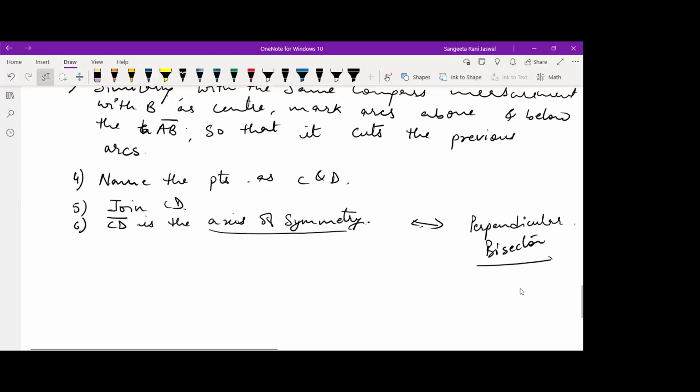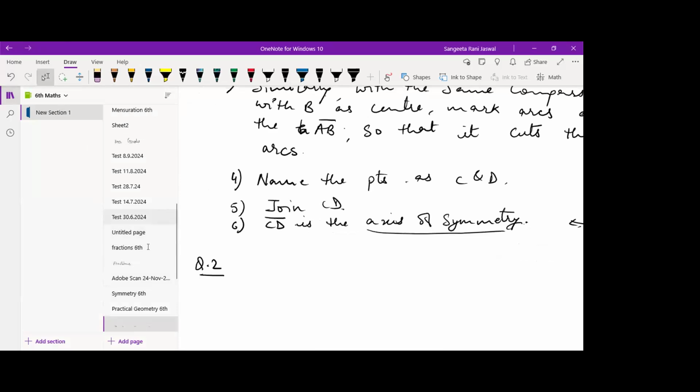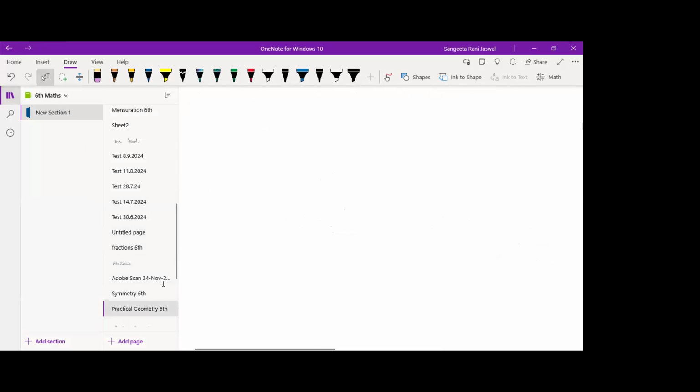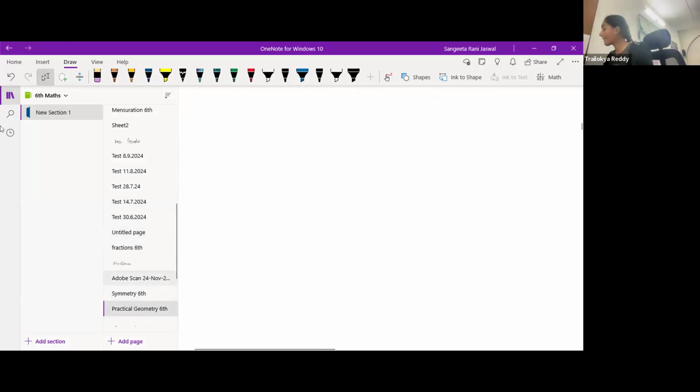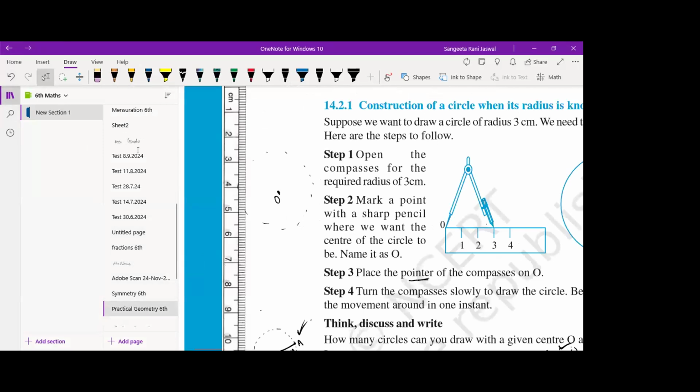Yes, sir. This is what we had done in the last class also. Yes, Neha? Yes, ma'am. Okay. So let's see the next question. Shall we move to the next question? Yes, ma'am. Once can you show the steps, sir? I'm writing the last step.